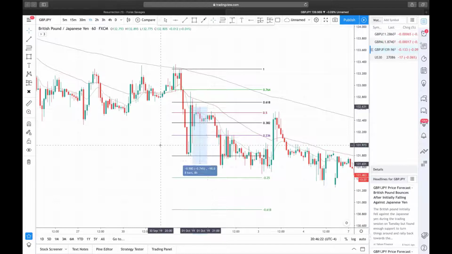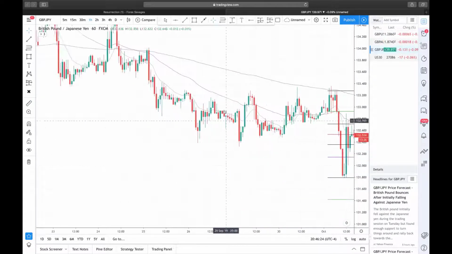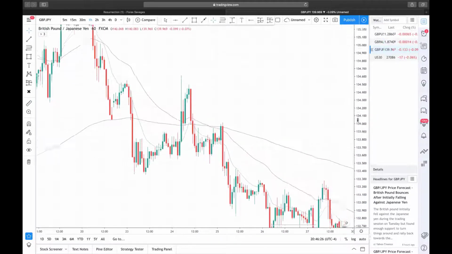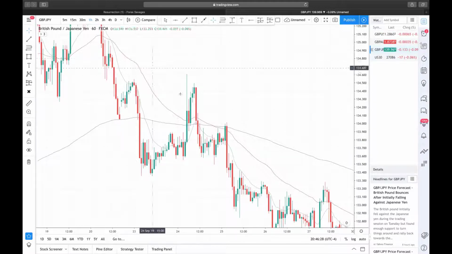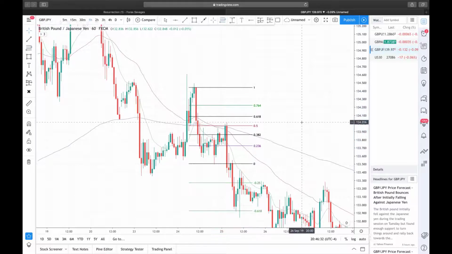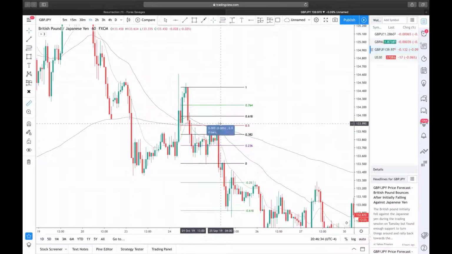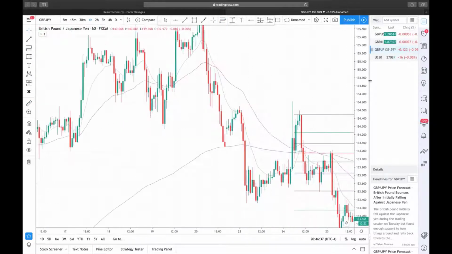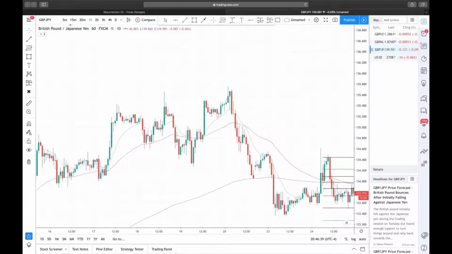Bro, it doesn't stop, bro. This is literally the easiest way to create your Fibonaccis. Right there. 100 pips. Like I said, guys, this did happen.